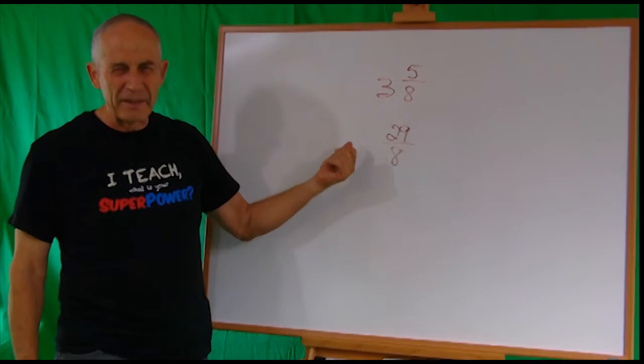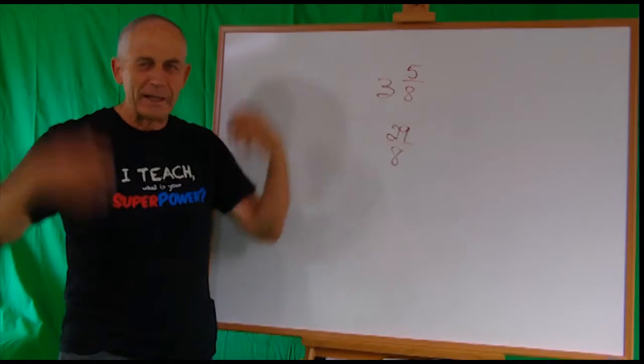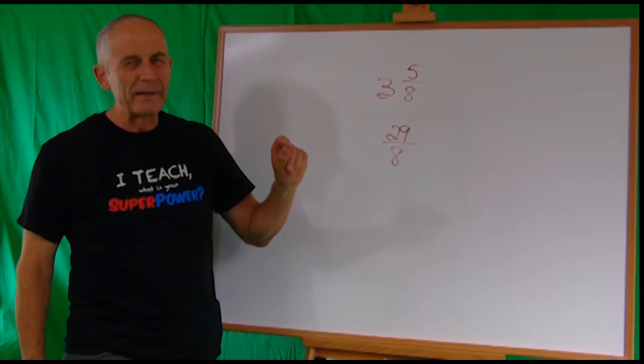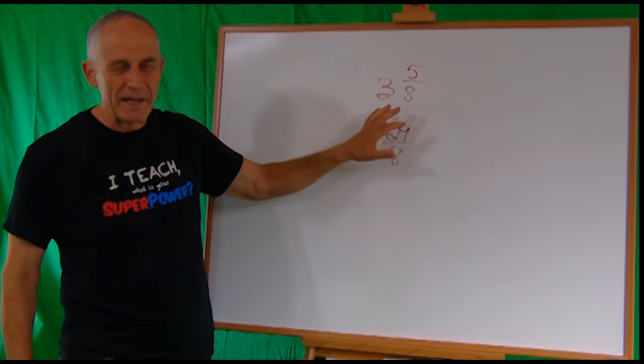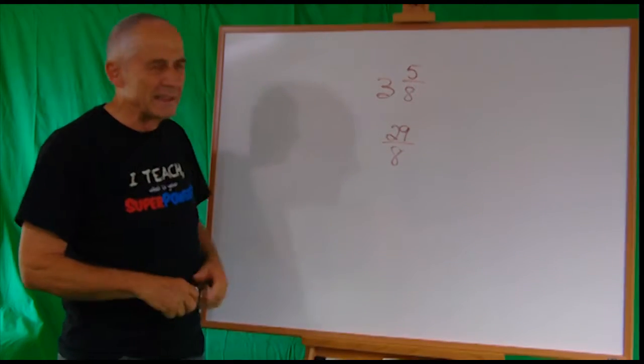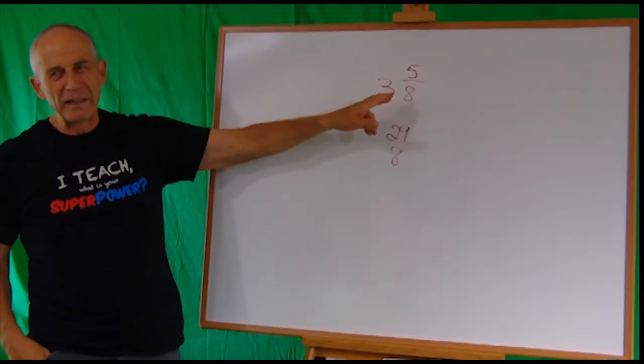But if I got 7.5 cups, well, I just take 7 cups in and put a half in, I'm done. So there are some times when it makes more sense to use a mixed number than a fraction, but that's the only time that it really matters. Otherwise, 29 over 8 is just fine.